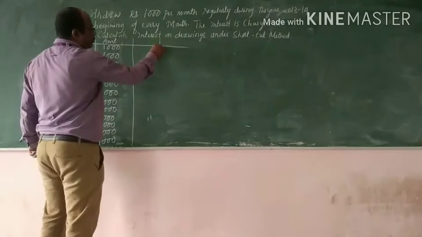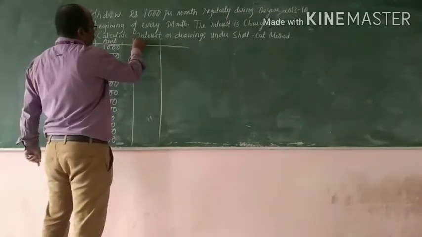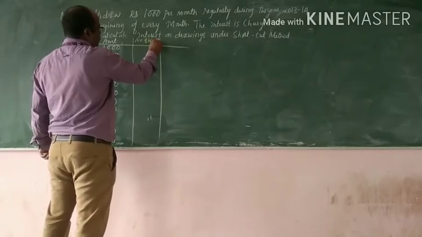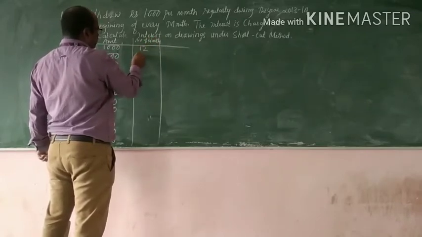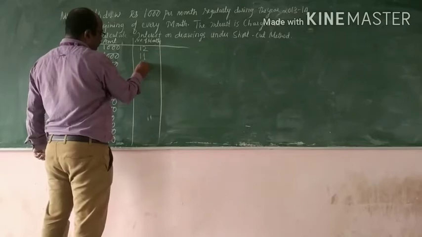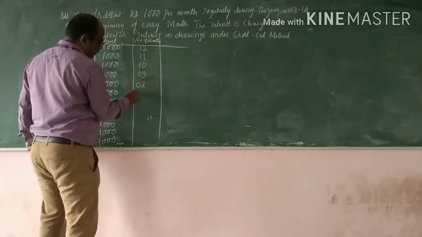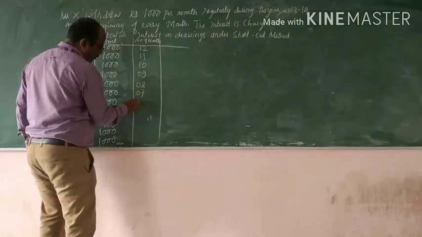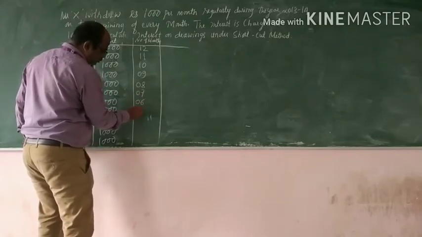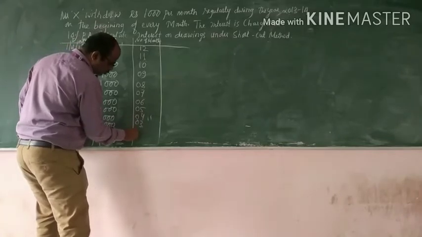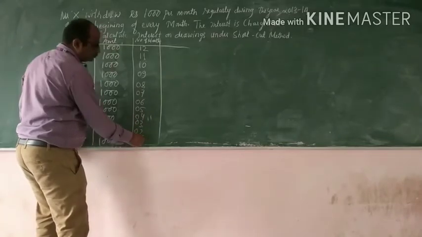Now you will see the number of months. First will be 12, 11, 10, 9, 8, 7, 6, 5, 4, 3, 2, and 1.